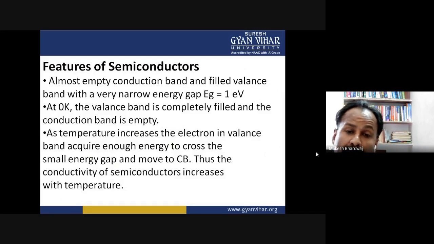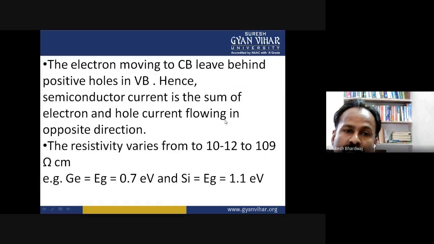Next, the electrons moving to the conduction band leave behind positive holes, or create a vacancy in the valence band. Hence, semiconductor current is the sum of electron and hole current flowing in opposite directions.